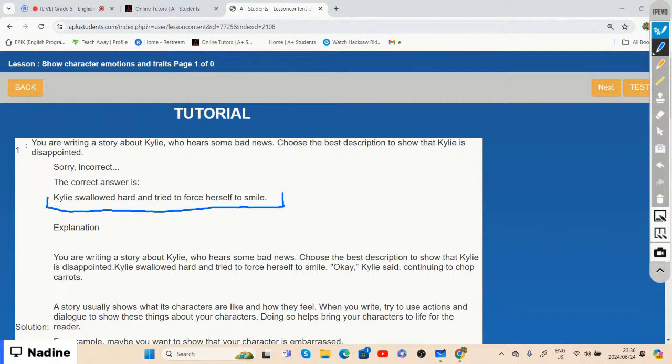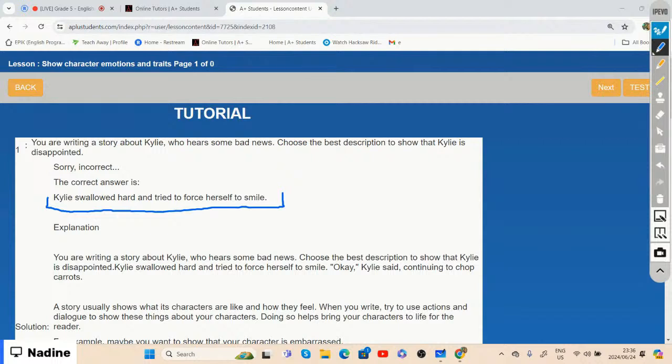And usually, when it comes to characters and showing the characters' emotions and traits, it can show happiness, sadness, disappointment, embarrassment, or where somebody is angry, right?